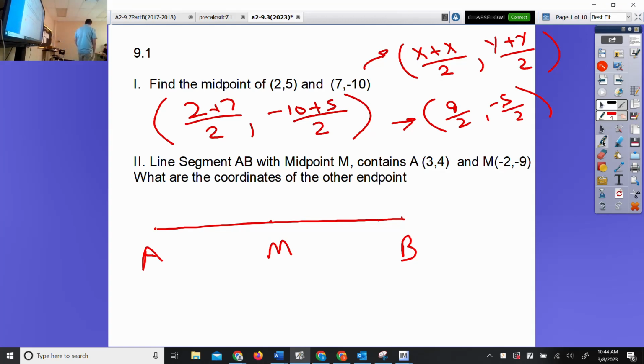This type of question has in the past showed up on the ACT. I don't know if they're still using this type of question anymore or not. It says line segment AB with midpoint M contains 3, 4, and -2, -9. And what a lot of kids will do is they'll see the word midpoint and they'll find it. Problem is that it's not that.